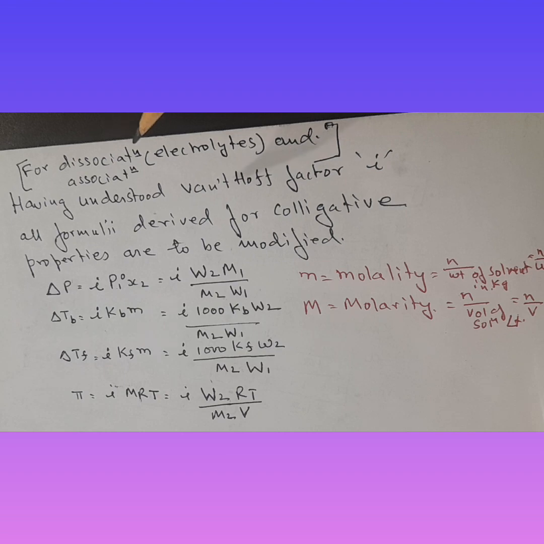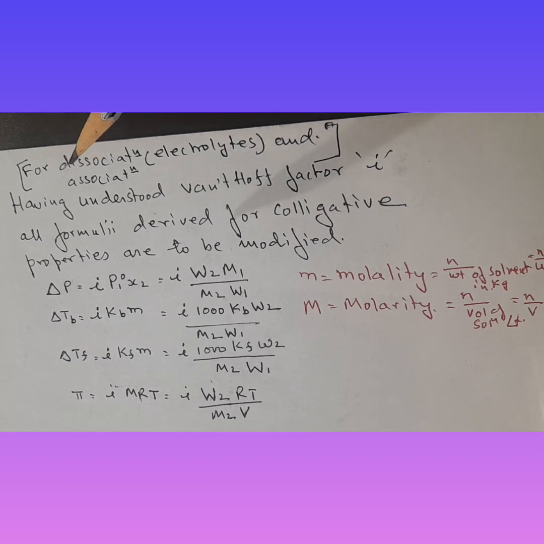Dissociation is the property of electrolytes. For example, sodium chloride. As soon as we put sodium chloride in water, it dissociates into Na plus and Cl minus. So dissociation is the property by which the salt breaks up into cation and anion in solution.